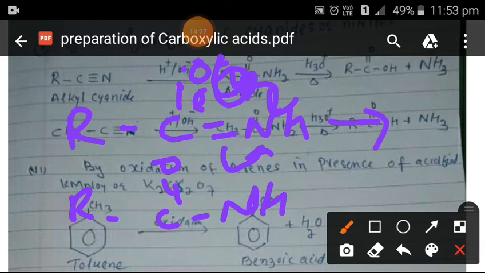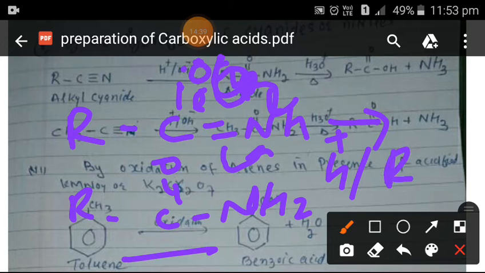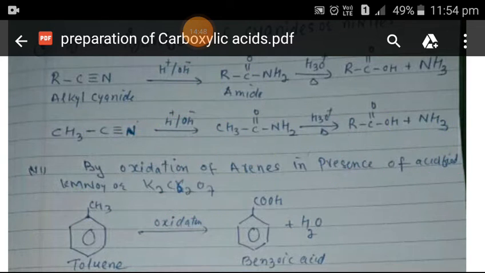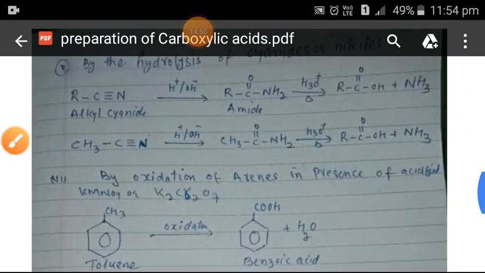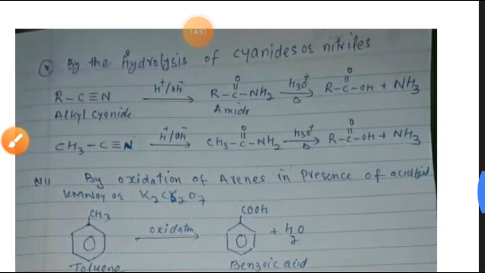This is called an amide. Further, in the presence of H positive, it gives RC double bond O, a carboxylic acid, plus ammonia is formed. So actually the reaction mechanism is somewhat different, but you only need to remember the reactions here.